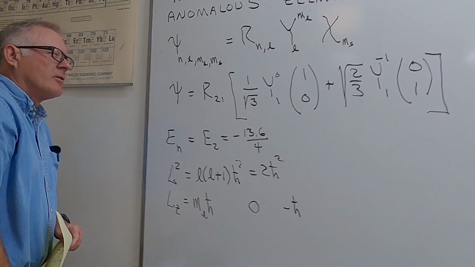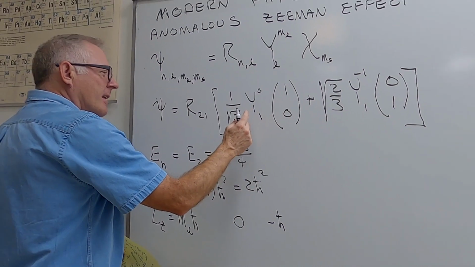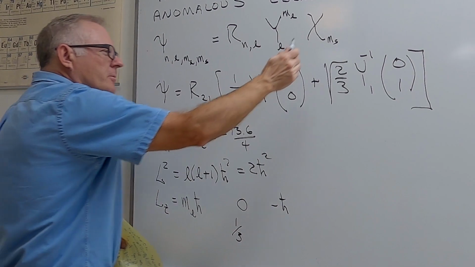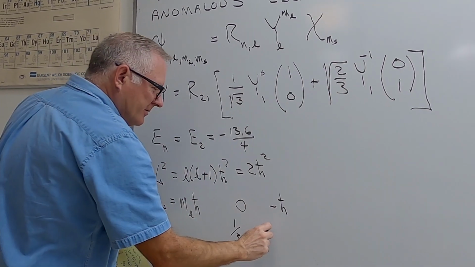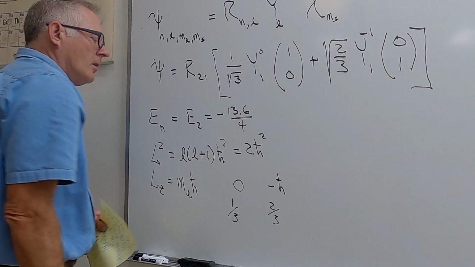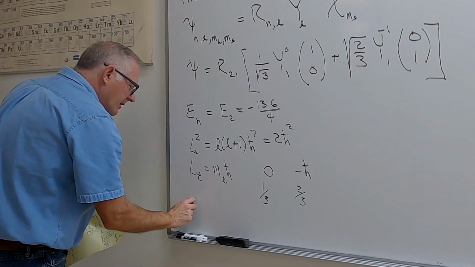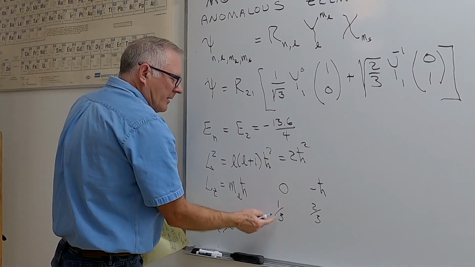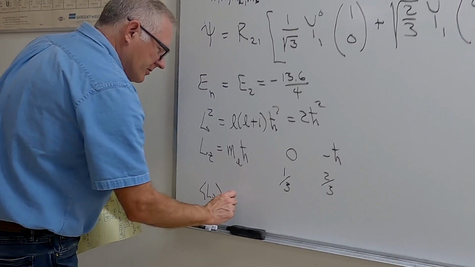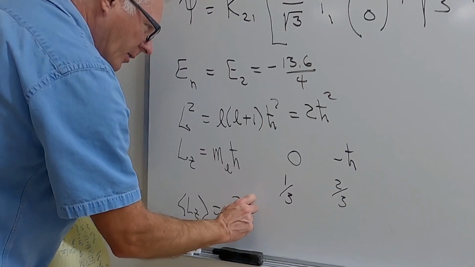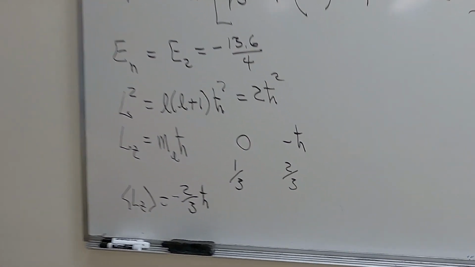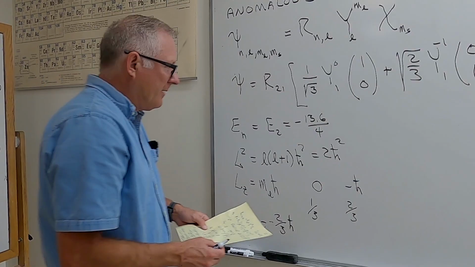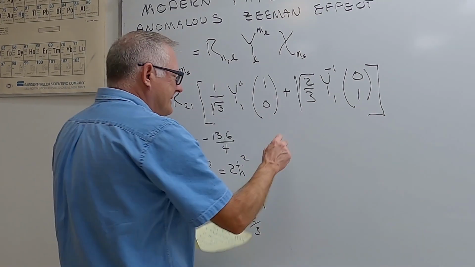Now the probability of being this one is 1/3, and the probability of being that one is 2/3. So if I wanted the average L sub z, it's 0 times 1/3 plus minus h bar times 2/3. So that's just minus 2/3 h bar. There's the average of that one. What about if I wanted to measure S sub z?